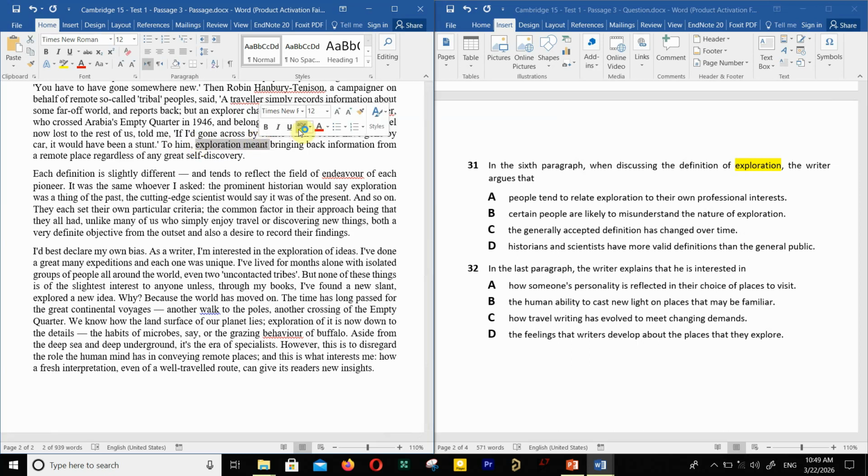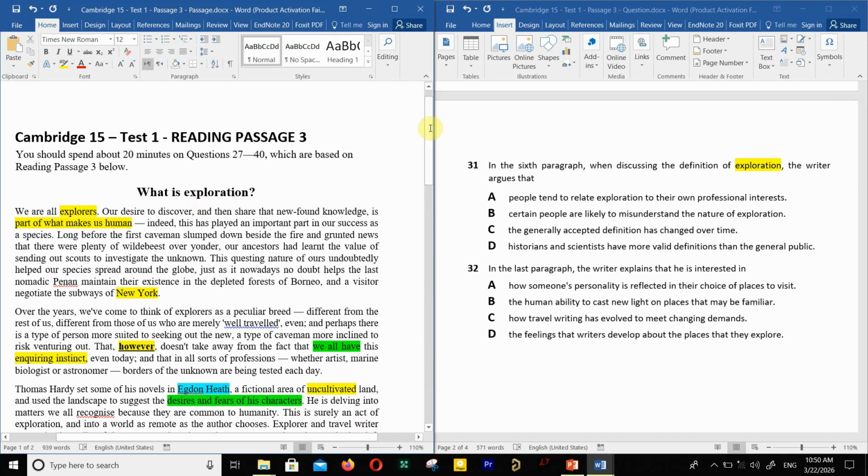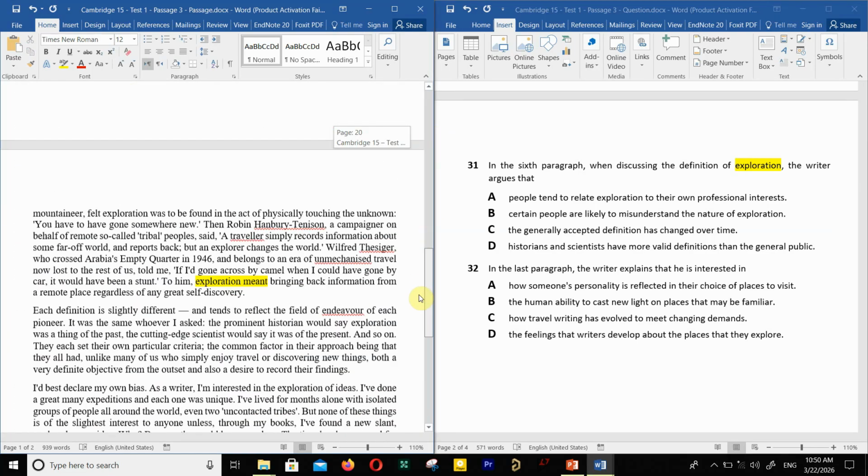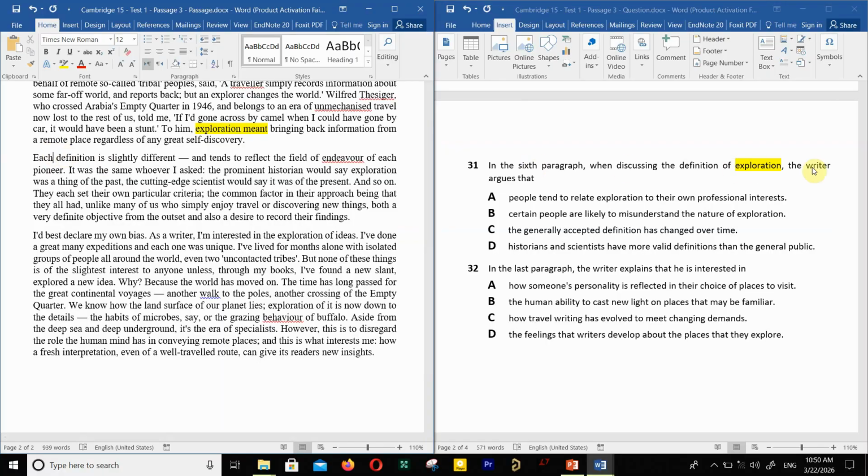So this last sentence is talking about the meaning of exploration, and here it says that each definition is slightly different. So the definition is about exploration, and actually the whole passage is about what exploration is. So this definition refers to exploration. The writer argues that, so the definition is in the first sentence.